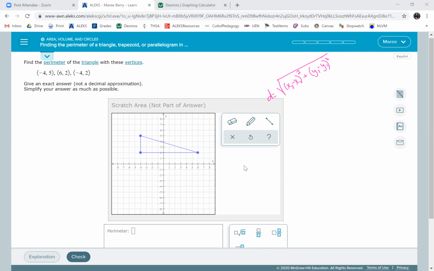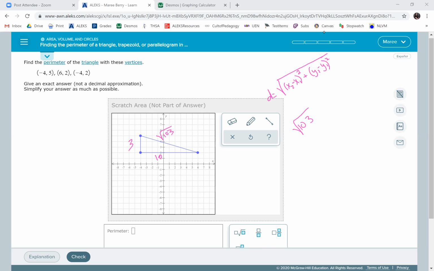So we have 3 plus 10 plus the square root of 3 squared plus 10 squared, 103. What's the square root of 103? Right? No, I forgot to square them.